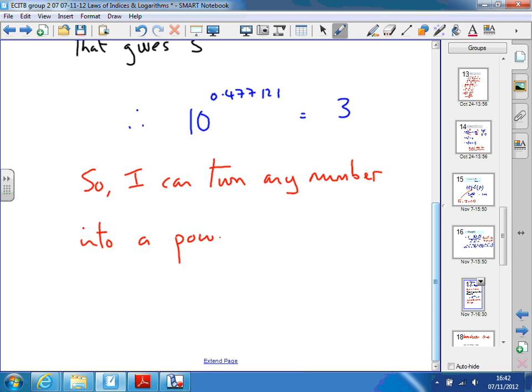So I'll put 10 in brackets because it could be any base. Some calculators have got the button to allow you to do any base, but we tend to stick to 10s. The point is that we can turn a number into a power.